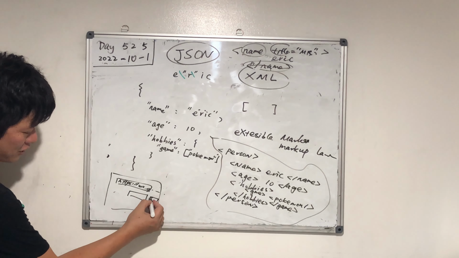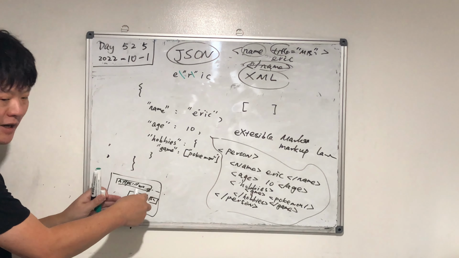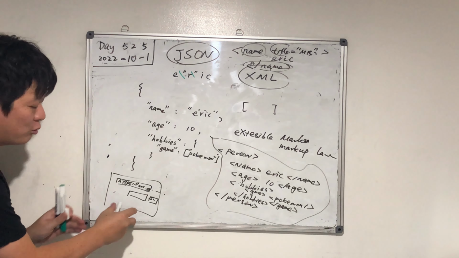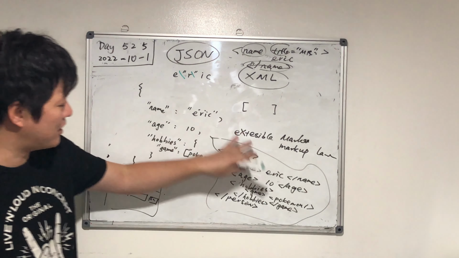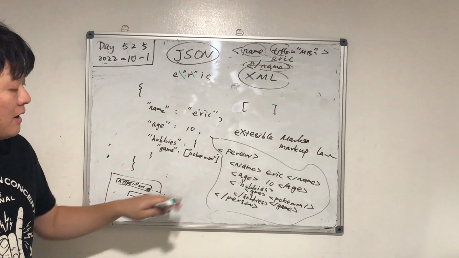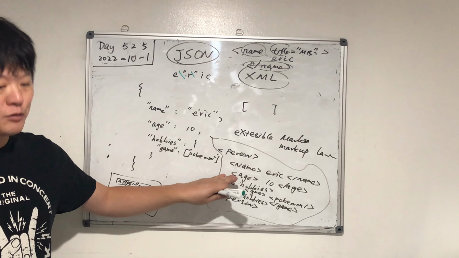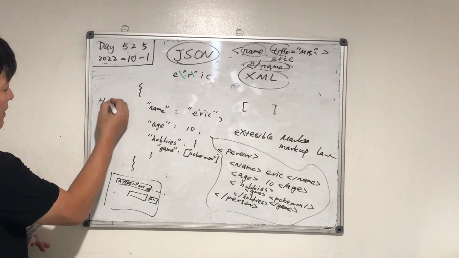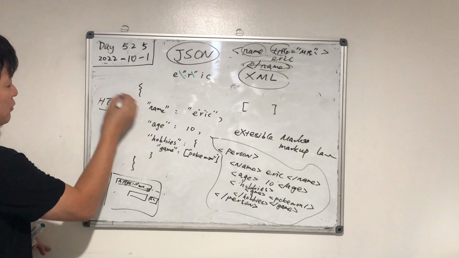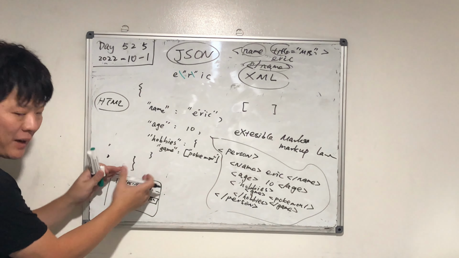This is the page displayed in the browser. What describes the page layout is HTML. It's quite similar to XML, but XML is used to carry data only, while HTML is used to describe how the page looks.